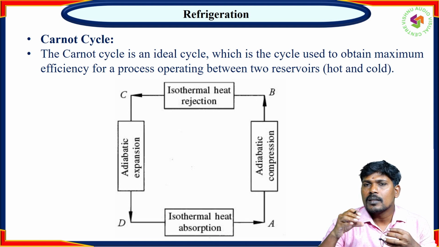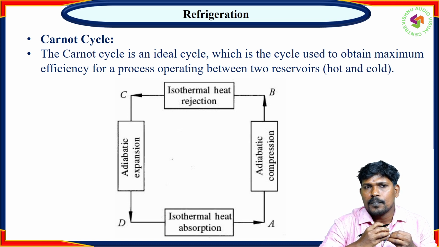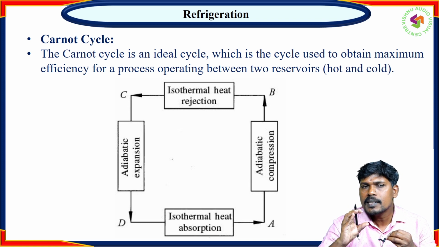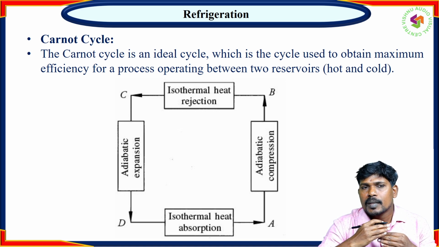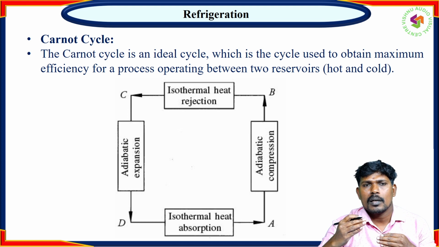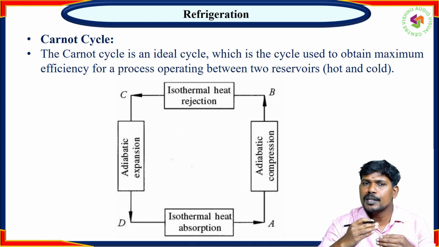Generally a capillary tube or throttle valve is used for the expansion process. When the refrigerant goes through this throttling valve, the pressure is reduced drastically. Because of that, pressure is reducing, temperature is also reducing.